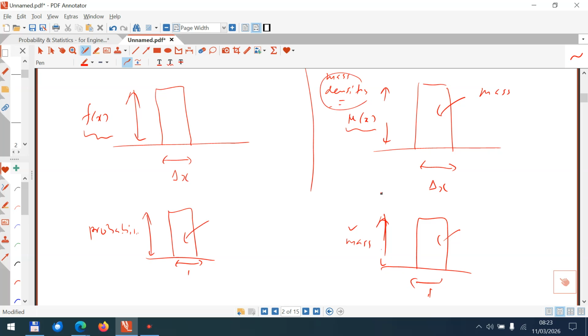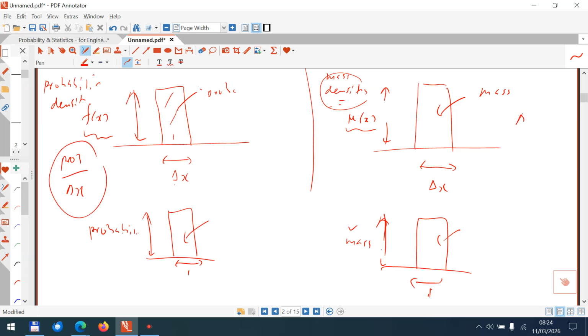You remember that vibrating string thing? Yes, sir. Linear density. So this will be probability density. This cannot be probability because you want the area to be equal to probability. So if the area is probability and the length is not 1, the vertical coordinate must be probability density, which means probability per unit interval, right?